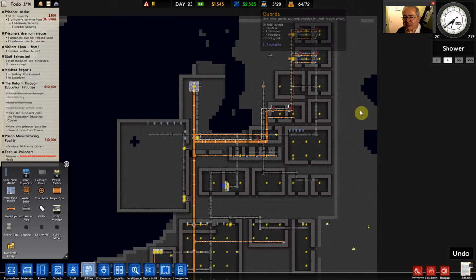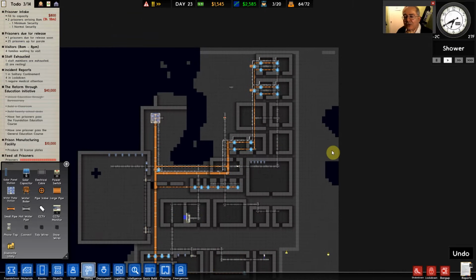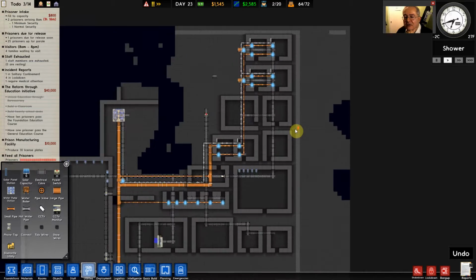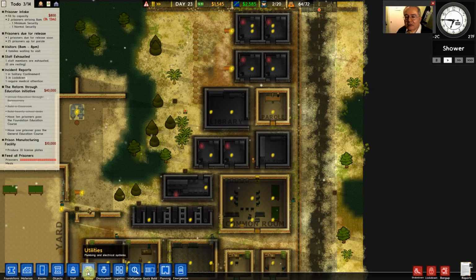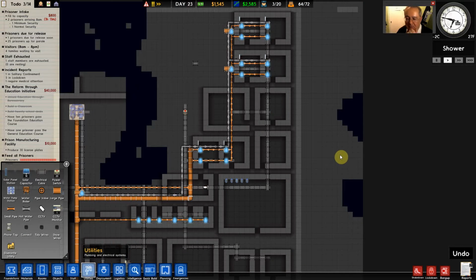These are the family cells. They should probably be on, and the rest should be off. What are these two? Library and parole office. Not important. But the cable goes all the way through there.